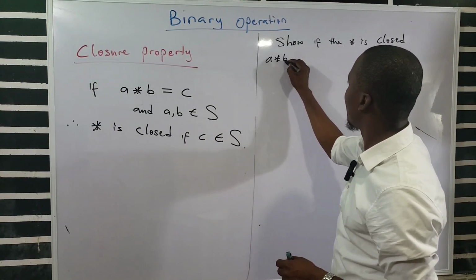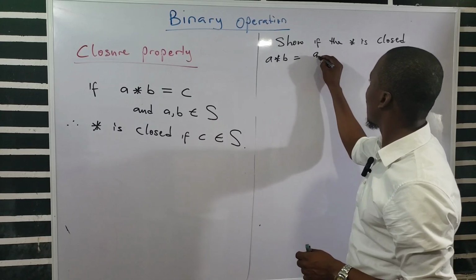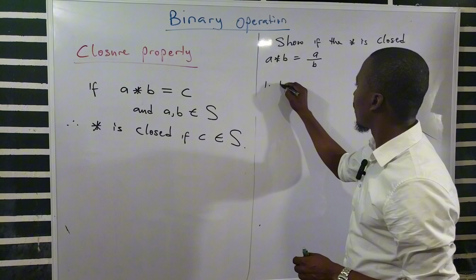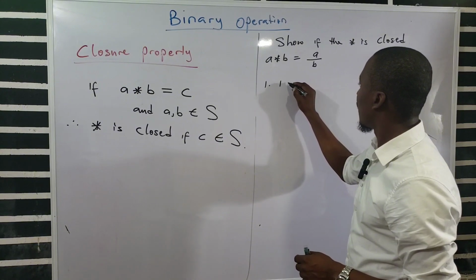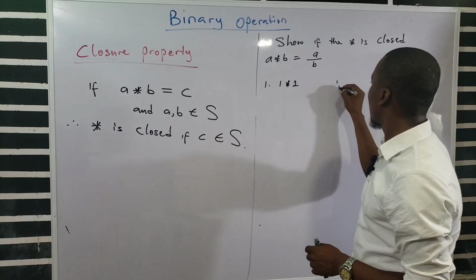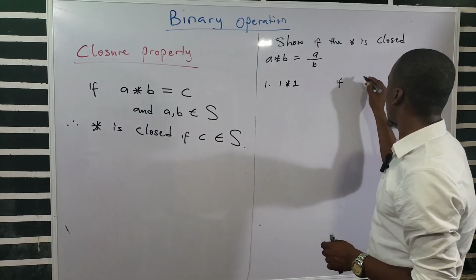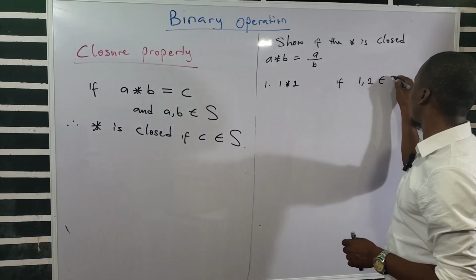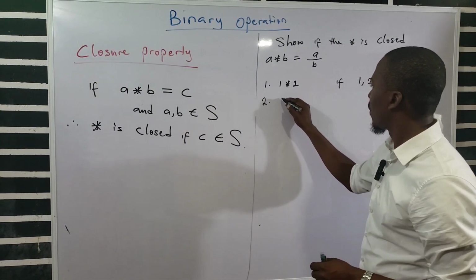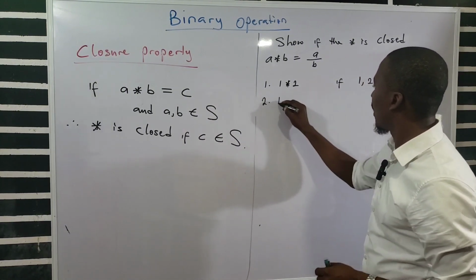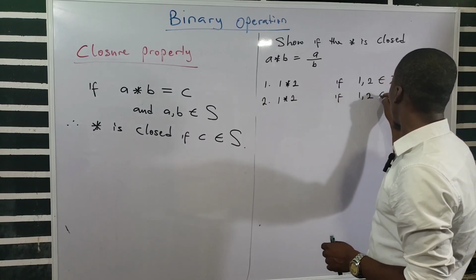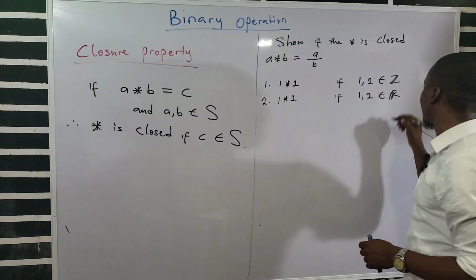A binary B equals A over B. Number one, 1 binary 2 if 1 and 2 are elements of an integer. This is the sign we use for integers. Then number two, 1 binary 2 if 1 and 2 are elements of a real number.